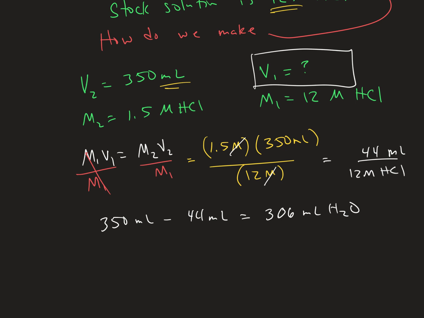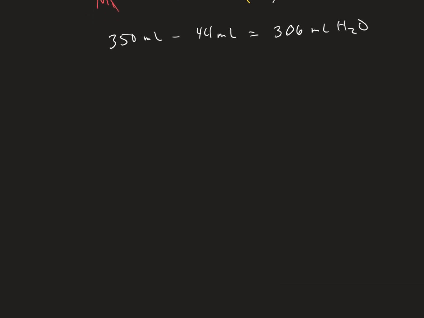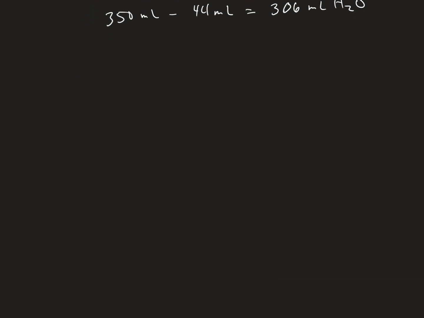Yeah, let's do another example. Let's say we go look in our stock room, and we find, let's do this in sodium hydroxide this time, a container that reads sodium hydroxide.